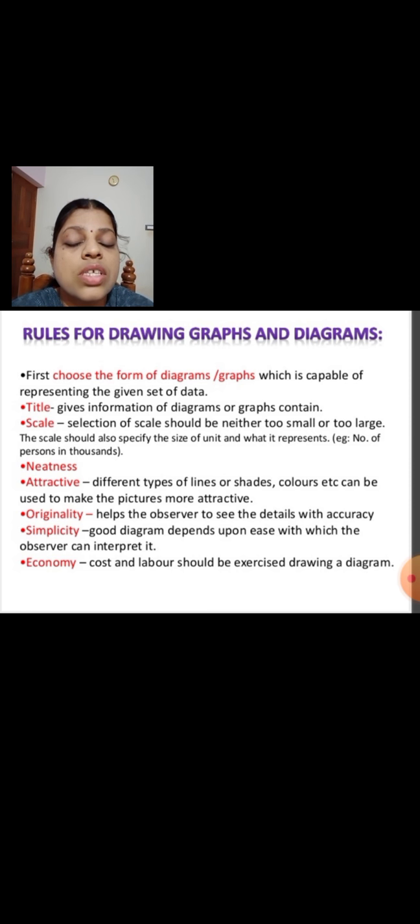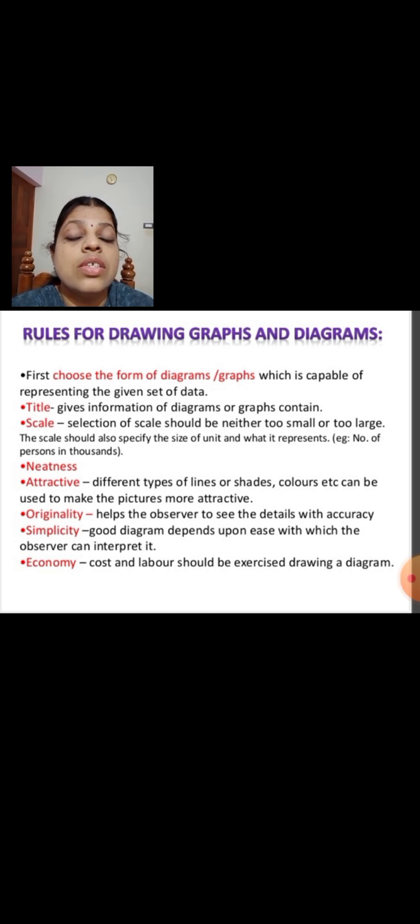Cost is also there to draw such a graph or a diagram. Exertion of human manpower is there, so for that certain cost is also there. Cost is required as well as the labor power to draw a diagram.